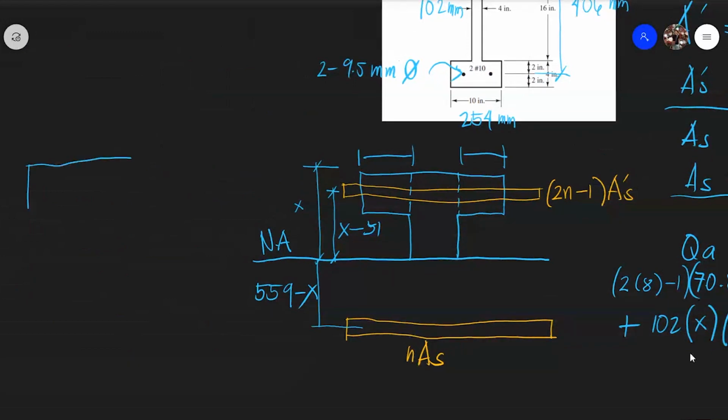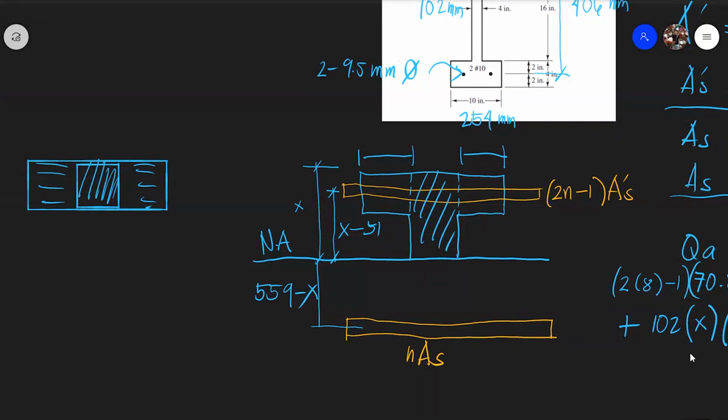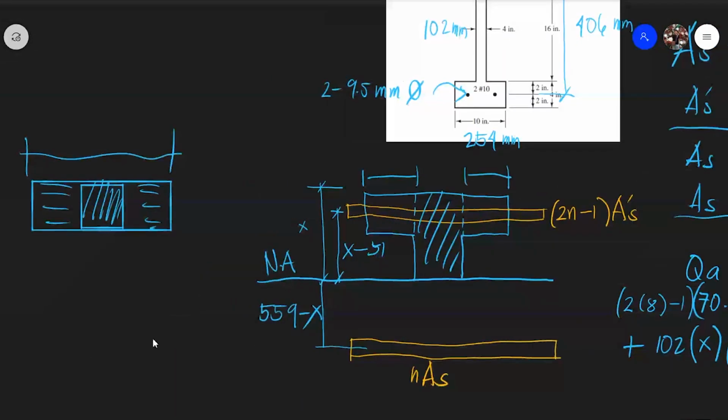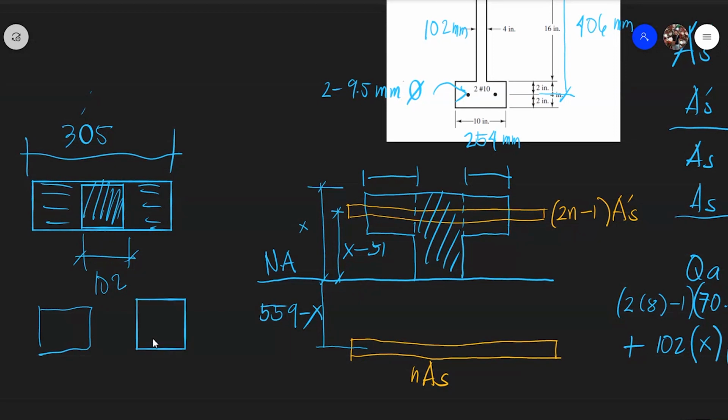Our flange is already shaded, and this portion has already been used. The unshaded part is what remains. This distance is 305, and this other distance is the width of the web, that is 102.